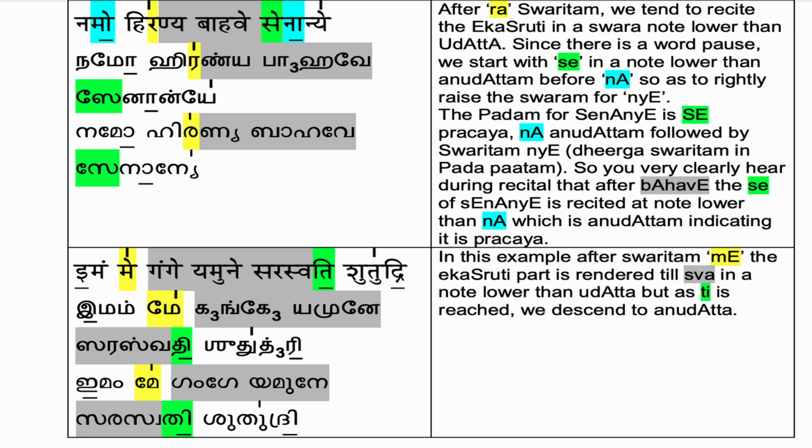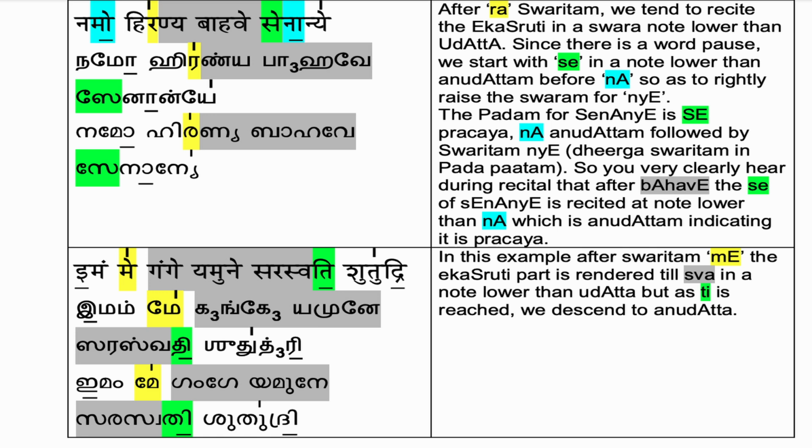But when gurus teach, they tend to say Namo Hiranya Bhagave Senanye, where the Se is lowered compared to Na. It is very clear from the marking: Na is marked with a lower swaram, that is, it is an Anudata, and Nye is a Swarita. Now, why is that Se brought down in its pitch level? This is an excellent question.